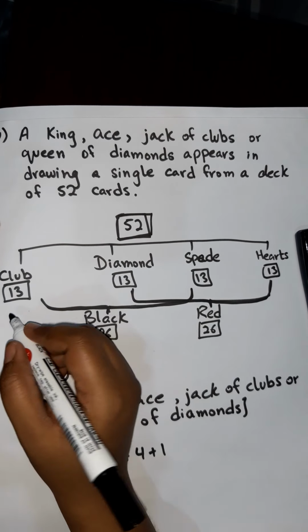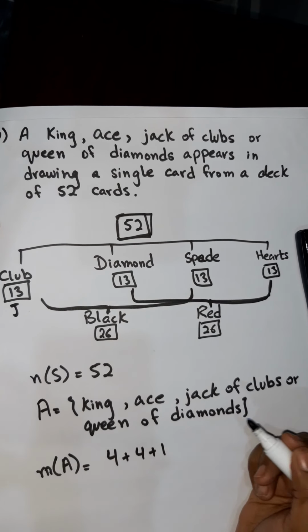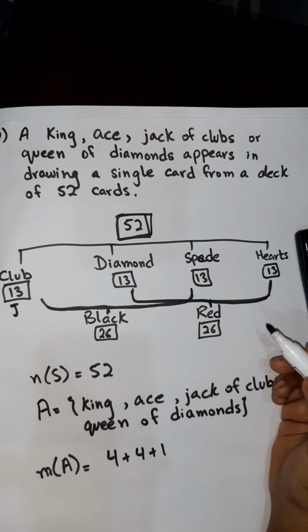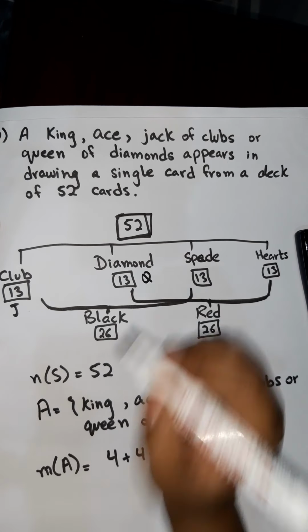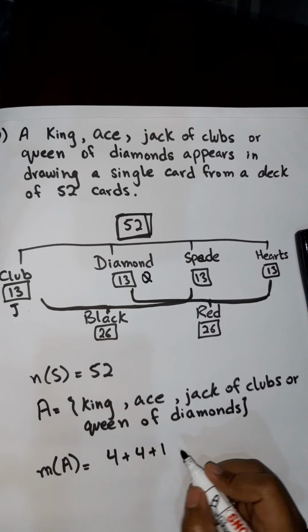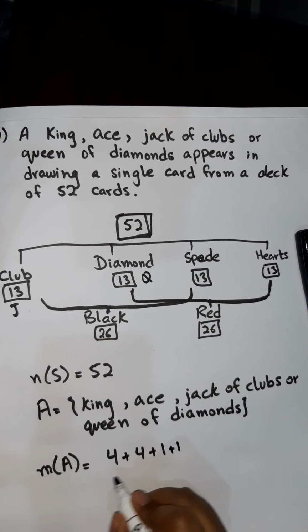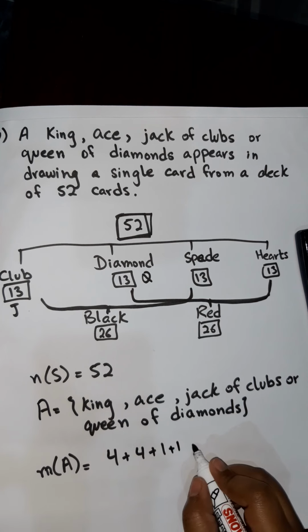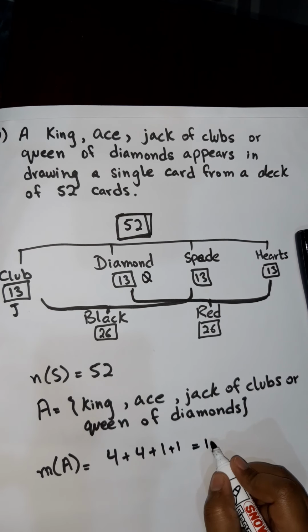So in clubs there is also only one jack, and in diamond there is also only one queen. So the total number of outcomes in A will be 10.